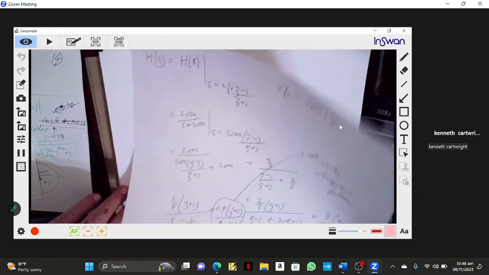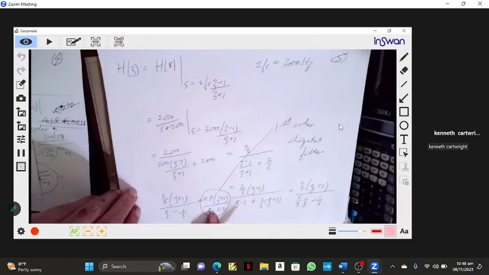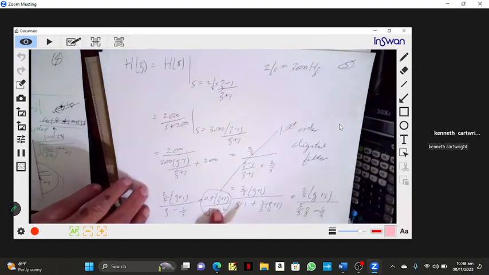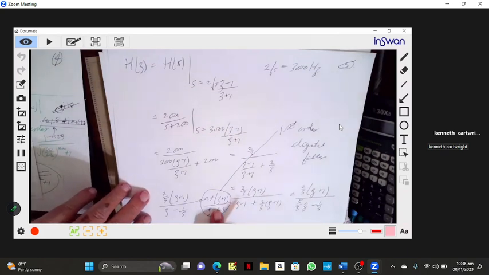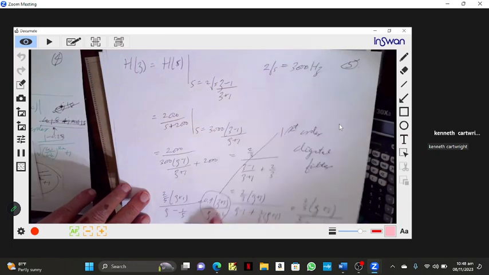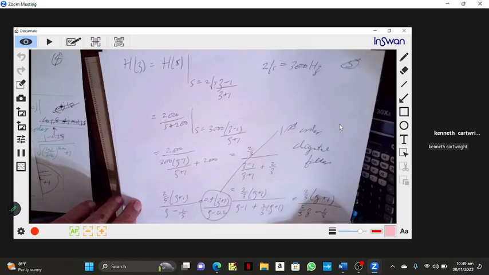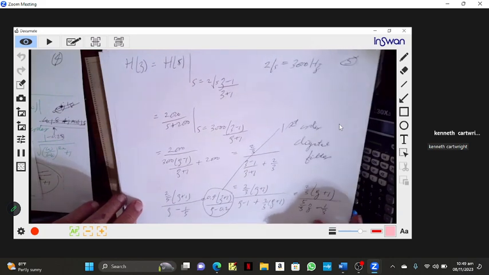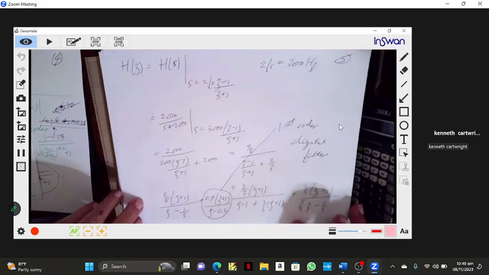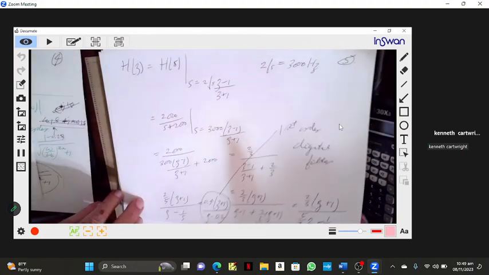Clearly now we need the magnitude response of this filter to see if indeed we have a cutoff frequency of 318 hertz. How do we get the magnitude response of this filter? First of all, go on to the next slide. Take a snip.